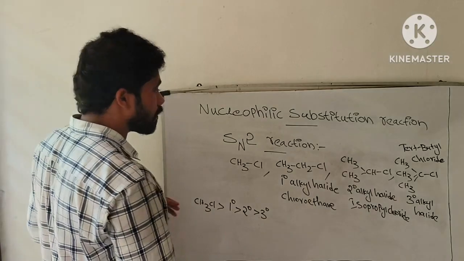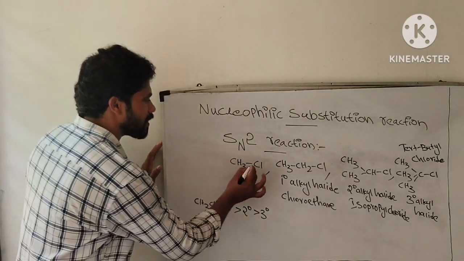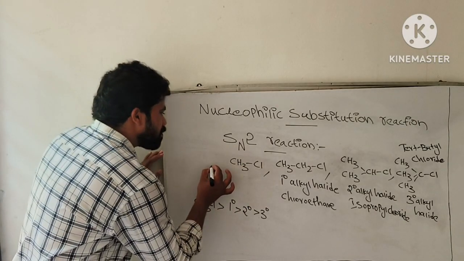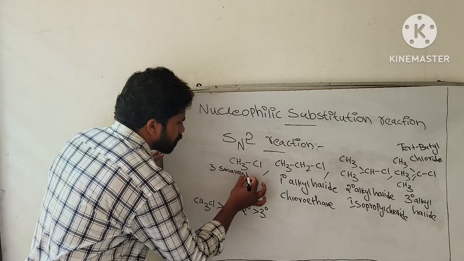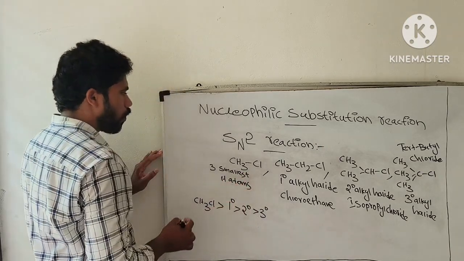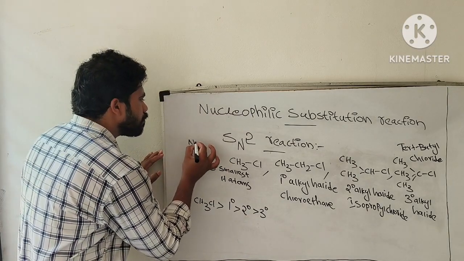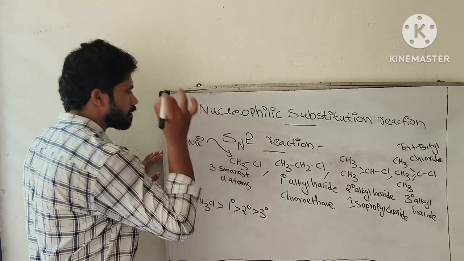Why does CH3Cl show more reactivity towards SN2 reaction? In CH3Cl, there are three small, smallest hydrogen atoms, so the nucleophile can simply attack this carbon.